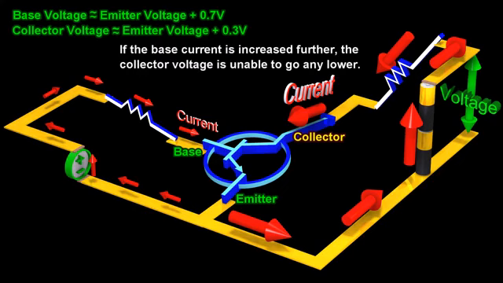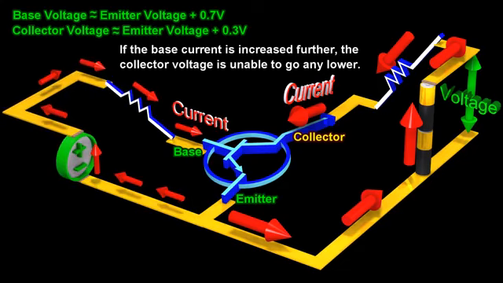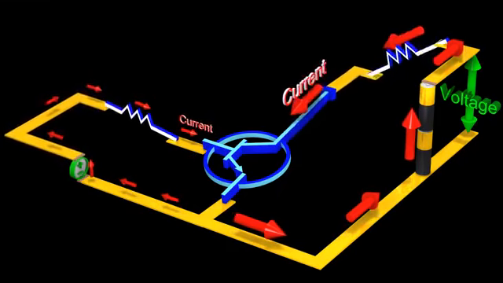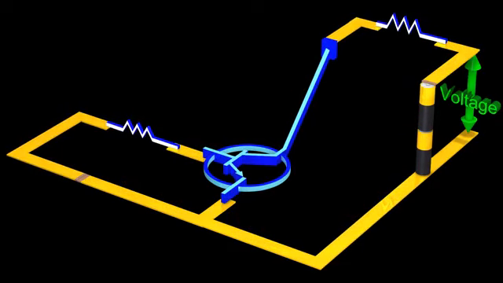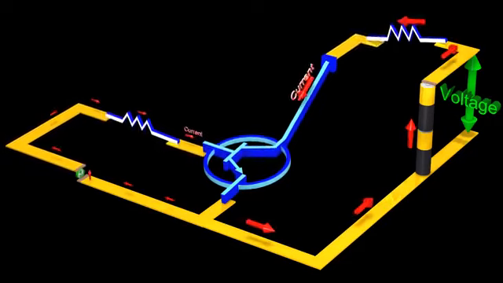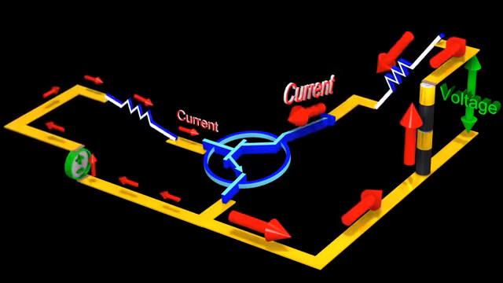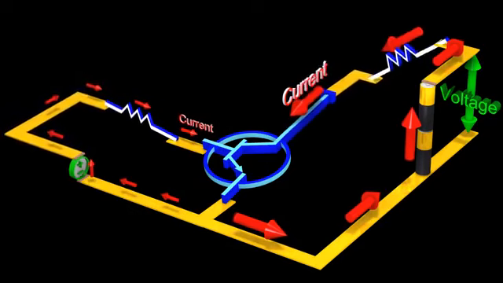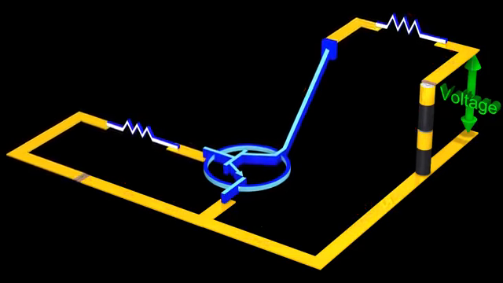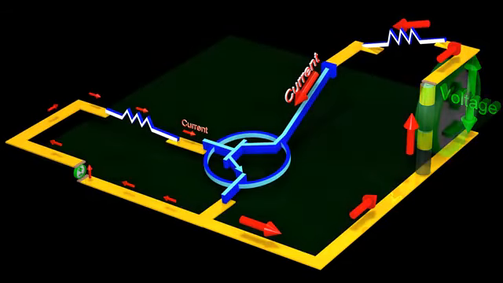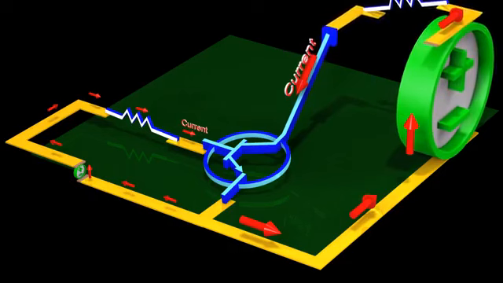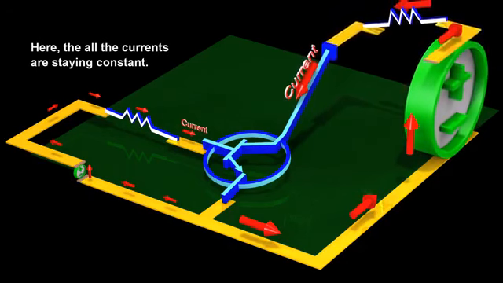If the base current is increased further, the collector voltage is unable to go any lower. Here, all the currents are staying constant.